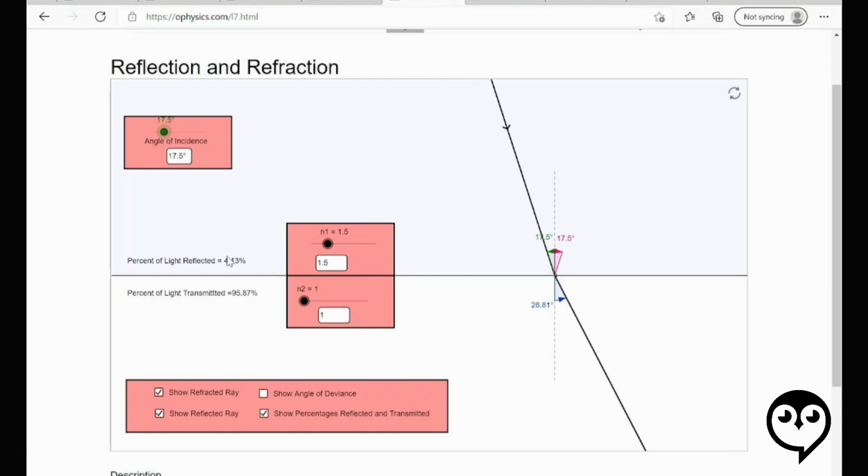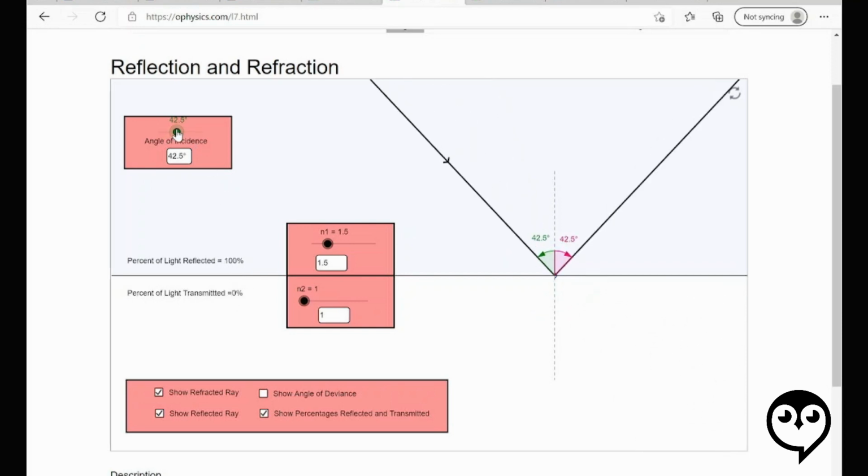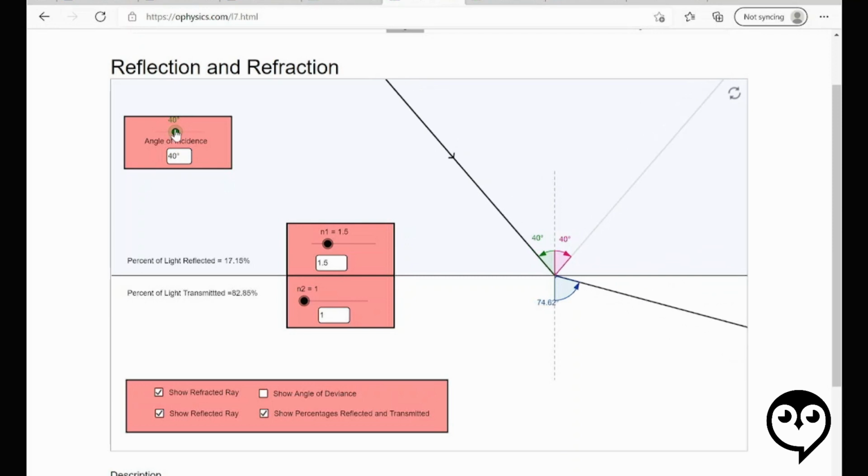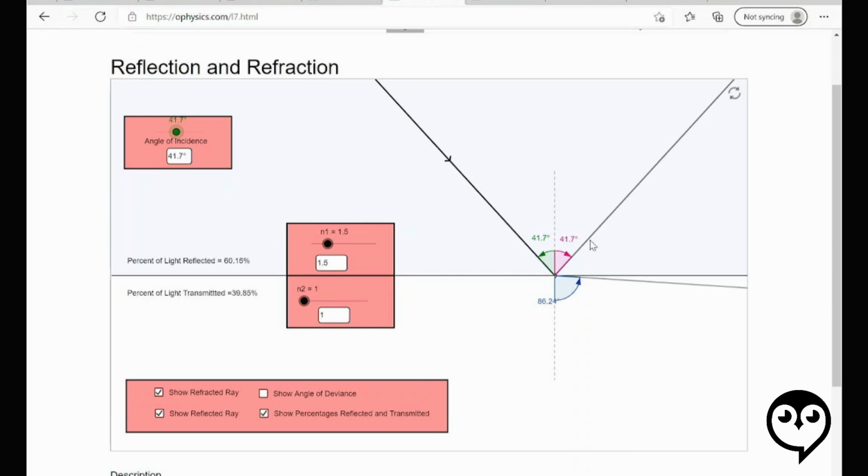Now you can see here, same thing. There's still going to be a little bit reflected back, but more of it's transmitted. But as this angle of incidence gets larger and larger and larger, we reach a point where at 42, if I just move this up little by little, you can see it's slowly getting closer and closer. But once I hit 42, boom, it's completely reflected back.